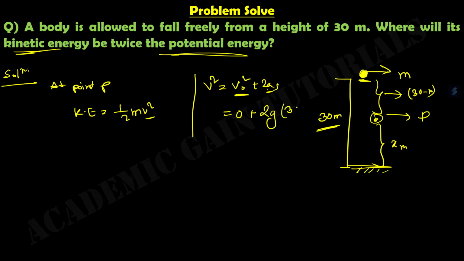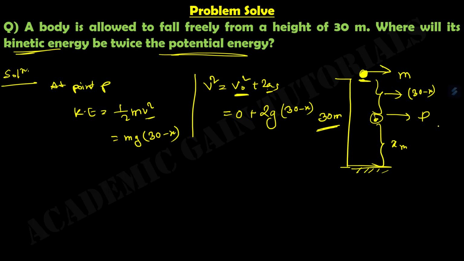I replace v squared with 2g into 30 minus x. Then I will get m g into 30 minus x. So this is our kinetic energy at point P.